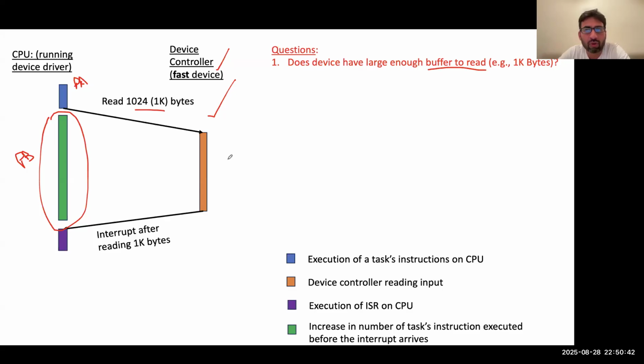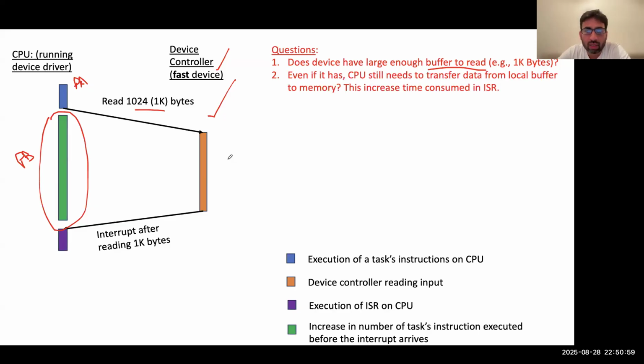Let's say that buffer is not 1024, let's say it's only 64 bytes. Then the buffer cannot hold 1 kilobyte of data, and it is bound to send an interrupt after just receiving 64 bytes, right?